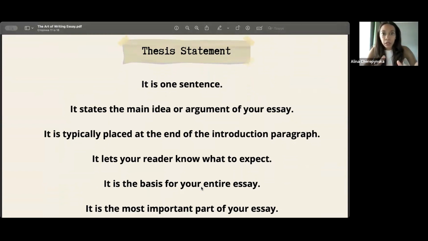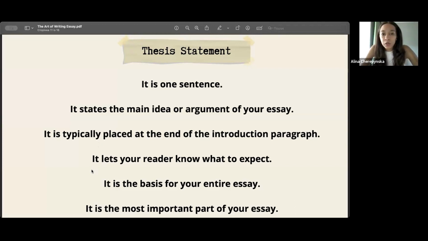It is a complex, compound, huge sentence. And as you can see on the screen, it states the main idea or argument of your essay. It is typically placed at the end of the introductory part. It lets your reader know what to expect, and it is the basis of your entire essay. And as we have already said, it is the most important part of your essay.